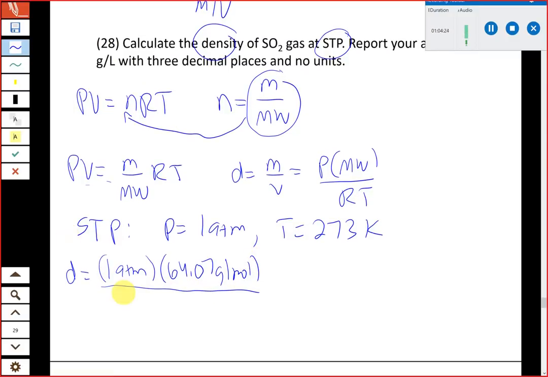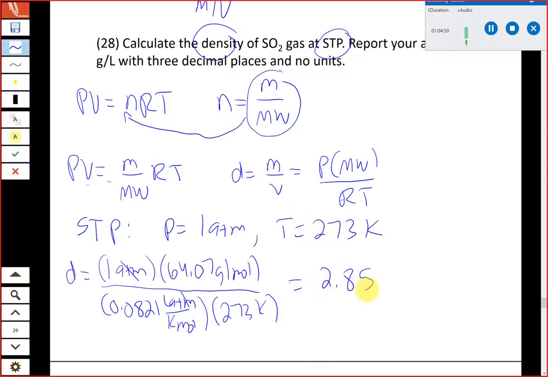And then in the denominator, we have RT to calculate density. So R is the universal gas constant, 0.0821. Because we're using R in this calculation, the pressure does need to be in atmospheres. So those cancel out. And then we need to have the temperature here in Kelvin in the denominator, which for STP is 273 K. And so what we end up with, we want 3 decimal places in this, is going to be 2.858.